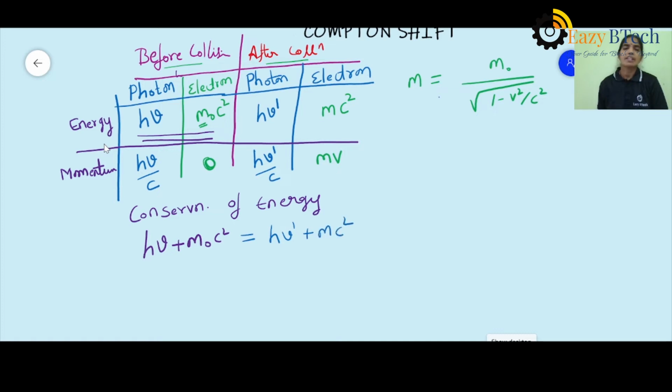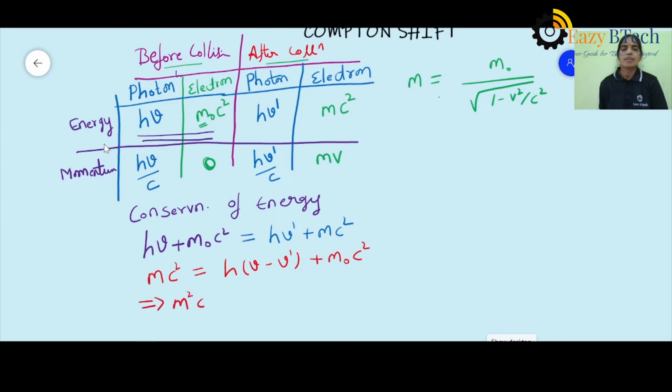So I'm going to use equal to h mu prime plus mc square. To simplify our equation, I'm going to take h mu prime onto the other side and rewrite the expression. When I rewrite it, it becomes mc square equal to h into mu minus mu prime plus m naught c square. Square this equation and then number it.